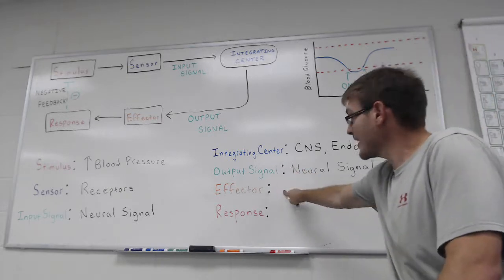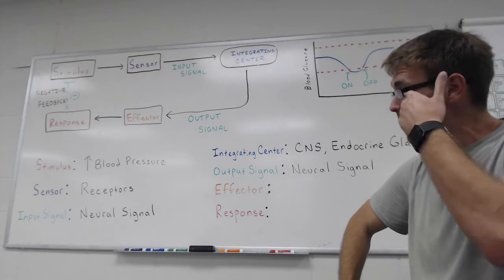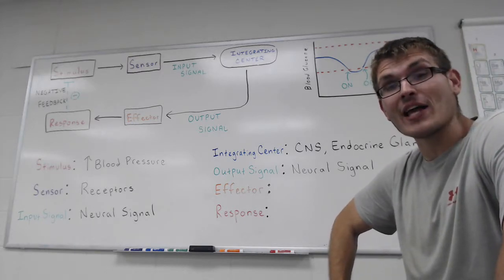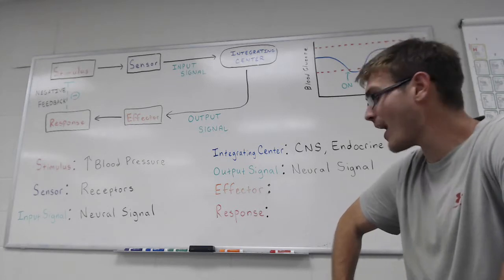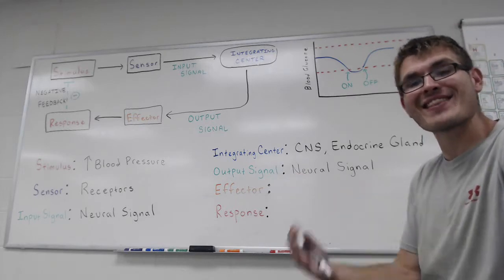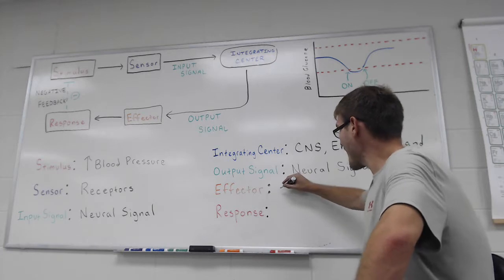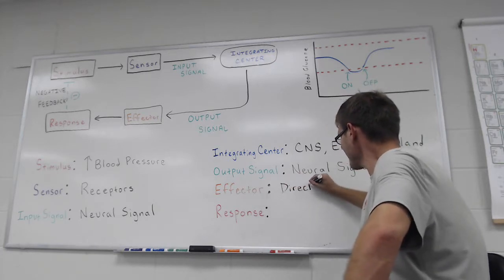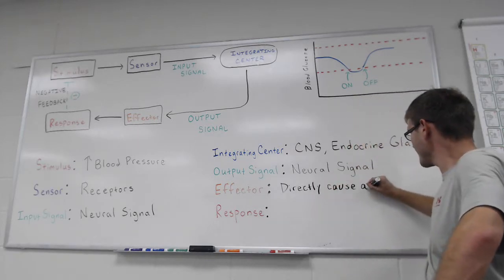Okay, this leads us to the question of what our effector is. In the case of blood pressure, this is something that you will likely cover as you progress in your studies of human physiology, but the best way to think of the effector is basically the thing that is capable of fixing the problem. The effector in this case is going to directly cause a response.